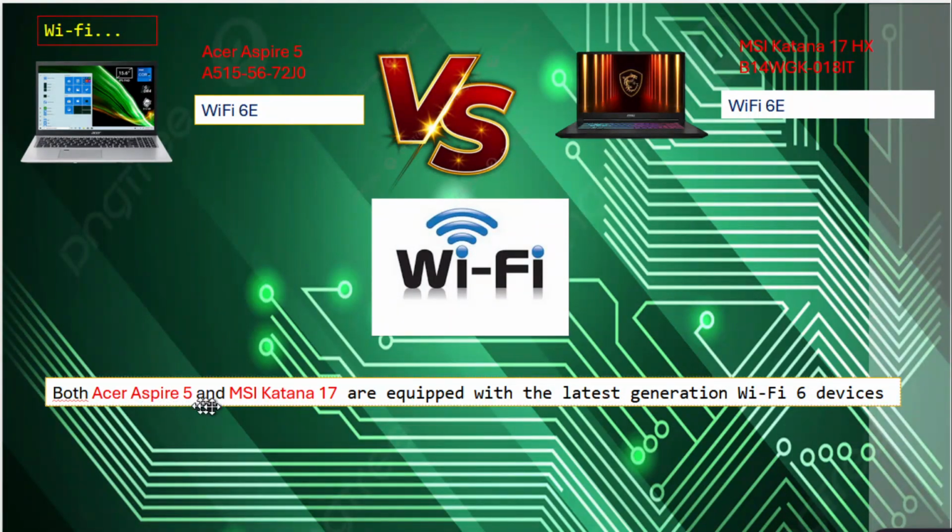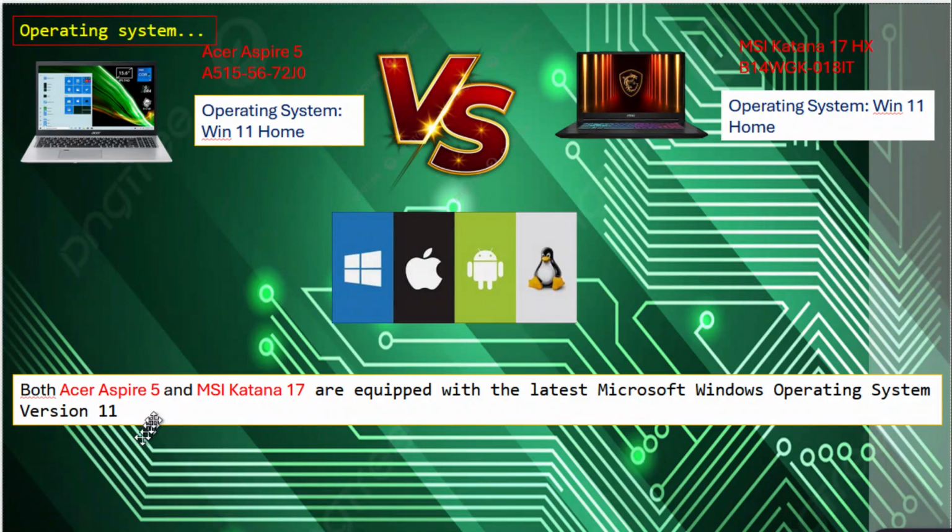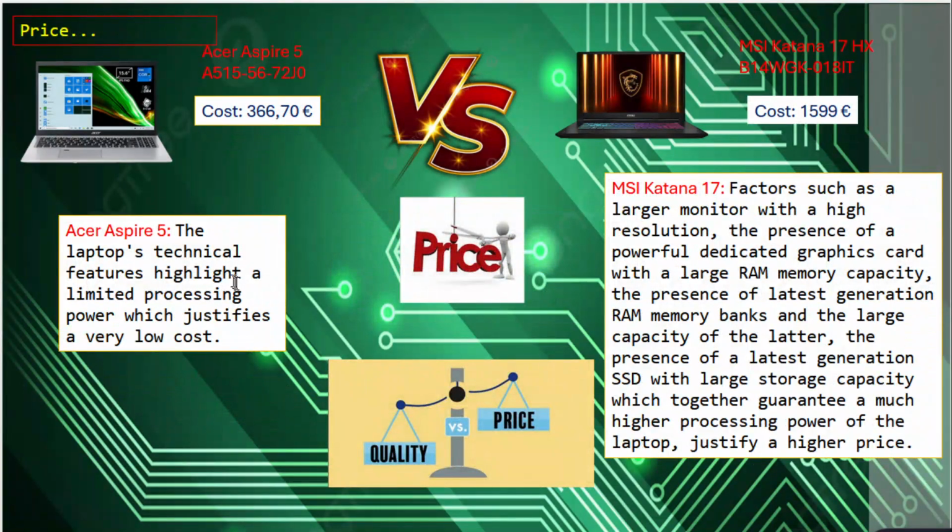Both Acer Raspberry 5 and MSI Katana 70 are equipped with the latest generation Wi-Fi 6 devices. Both are equipped with the latest Microsoft Windows operating system, version 11. The laptop's technical features highlight a limited processing power, which justifies a very low cost.